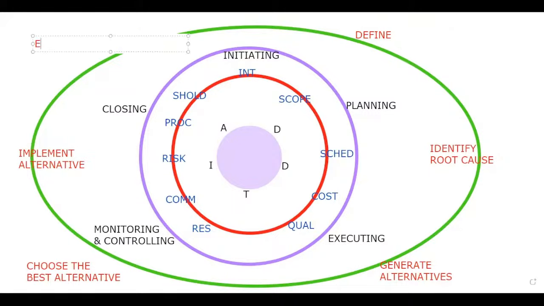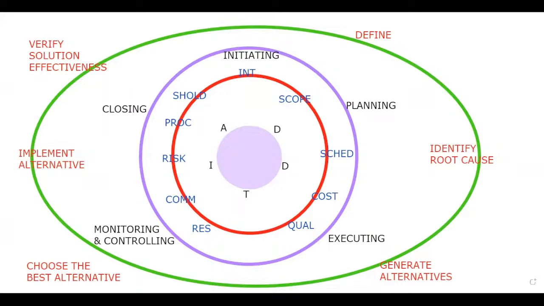So ensure or verify solution effectiveness. And it's kind of like having a second check to make sure you're on the right path. Okay? This is a method you can use to answer questions on your exam.